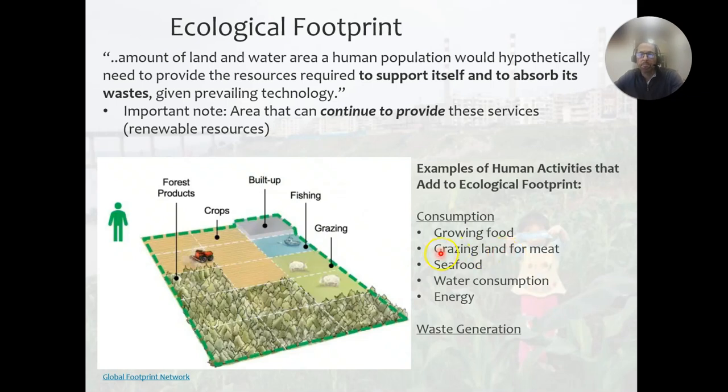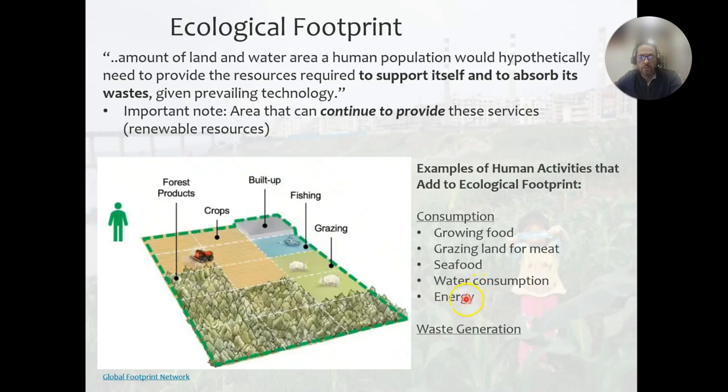It's not just the physical area of, say, corn or soybeans or apples or whatever. It's also, if I eat meat, how much area of land is needed for that cow to graze, or for that chicken to grow and so forth.